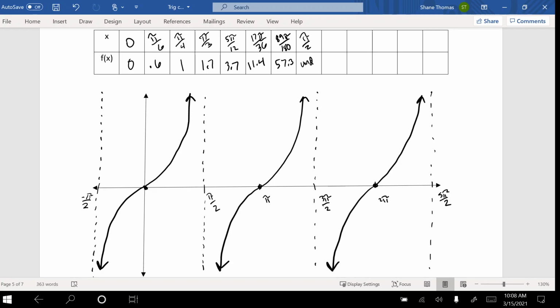Y over x here would be 0 over 1, which is 0. Here, 1 over 0, which is undefined. Here, we have 0 over negative 1, which is 0. Here, negative 1 over 0, undefined.